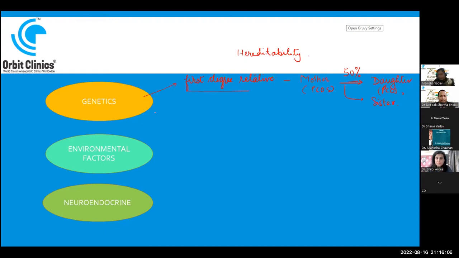Now, the second evidence which shows that it is related to genetics is that it is even present in utero. That means it has been seen that this process of PCOS started even in uterine development, when the fetus was inside the womb.